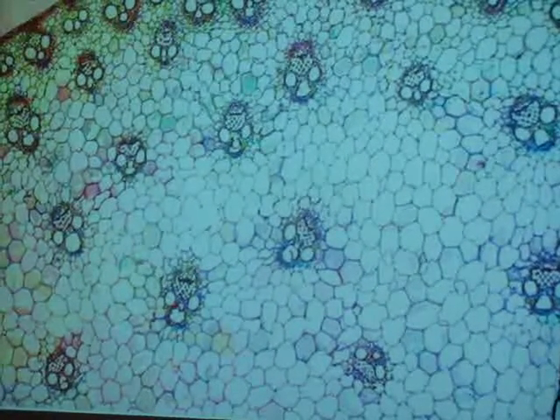The point of this, and this one's a little washed out and a little fuzzy, is just to remind you that as you're further out, you don't have a pith. You don't have an organized central bit of parenchyma, which is a dicot. You guys with me?